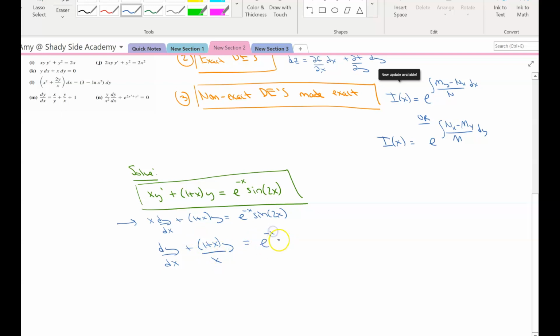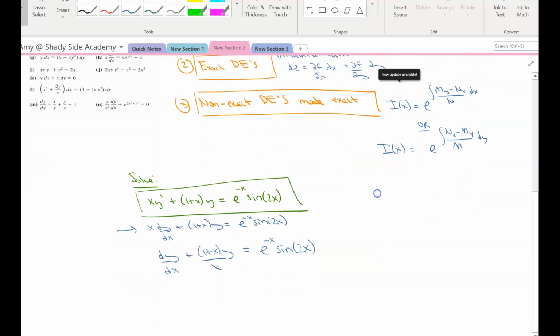This right-hand term, this f of x, may look intimidating, but it is absolutely still in this form. What's left over here is just a function of x. So we are heading in the right place.